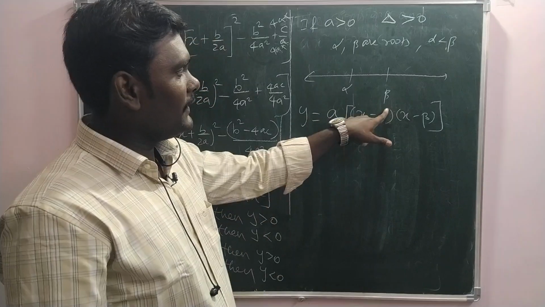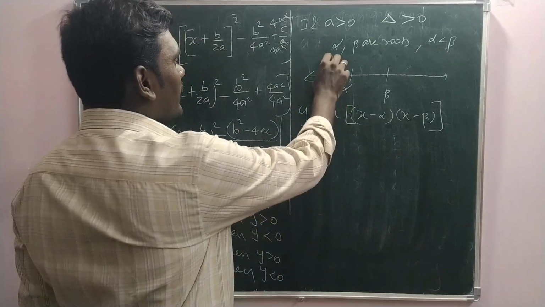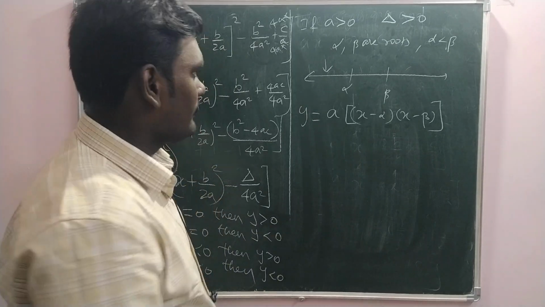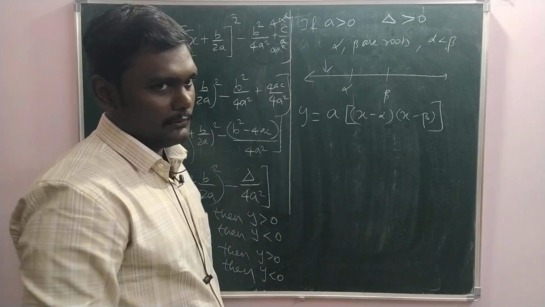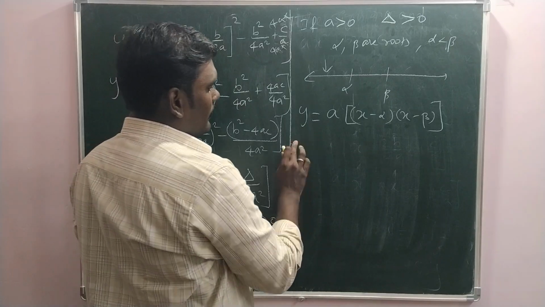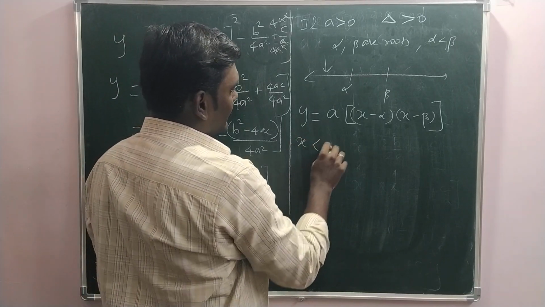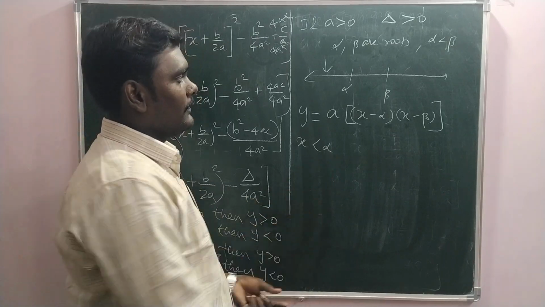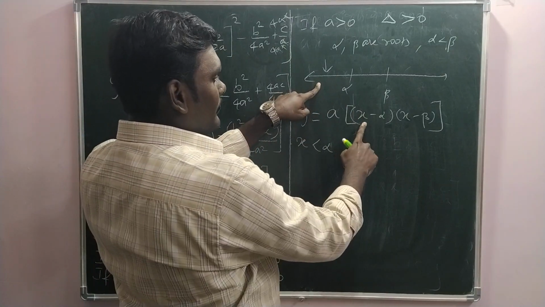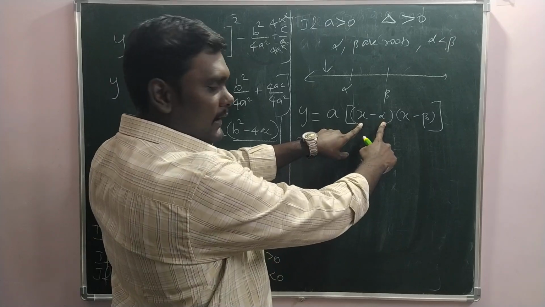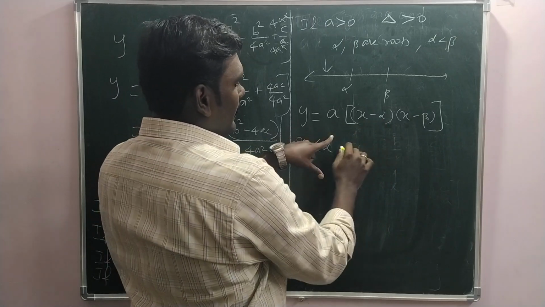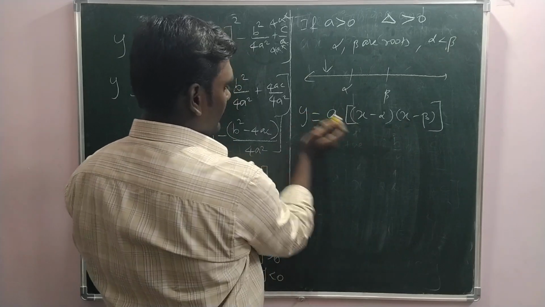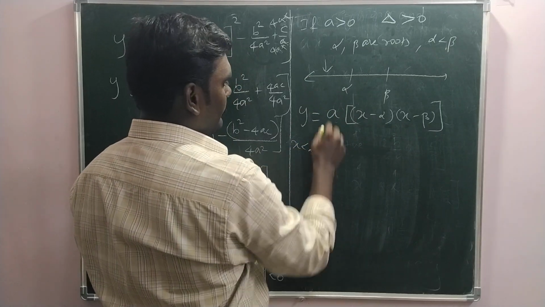So alpha is less than beta. If we substitute a value before alpha, what will happen? Whether this is positive or negative, we are going to check. So x is less than alpha. Let me write it here: x is less than alpha.